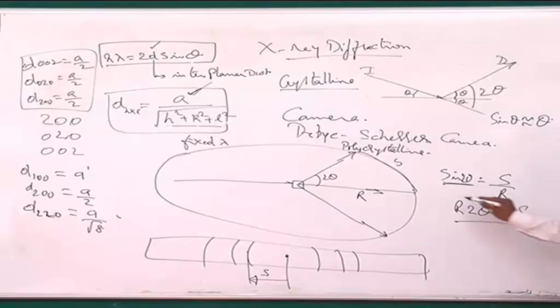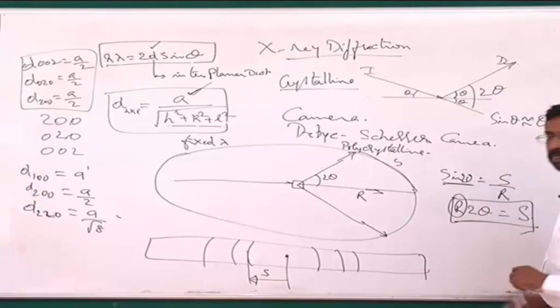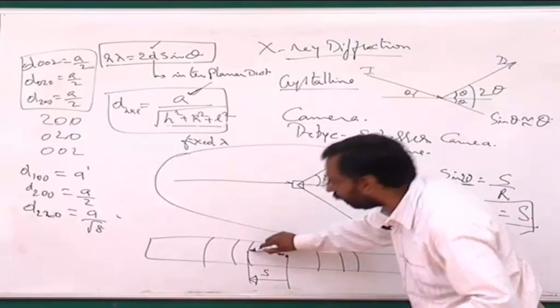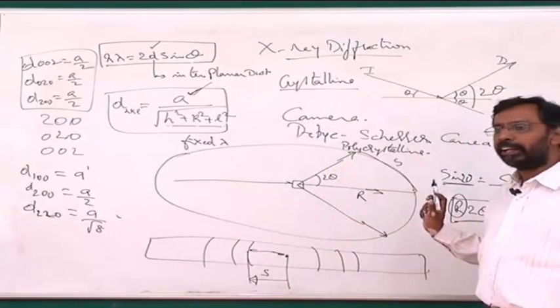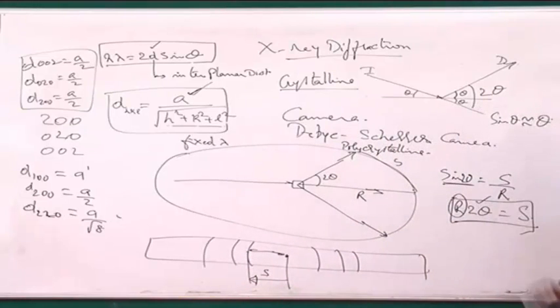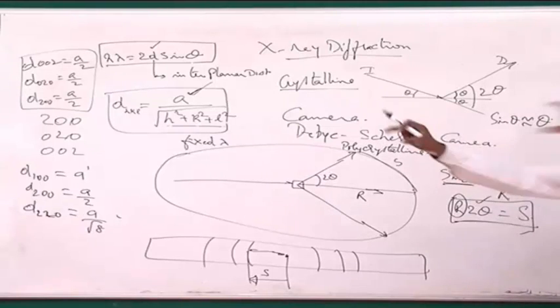So people simply use this formula, R 2 theta equal to S. If I know the R, and I measure this distance after the diffraction experiment has been conducted, from the distance I can find out the theta.